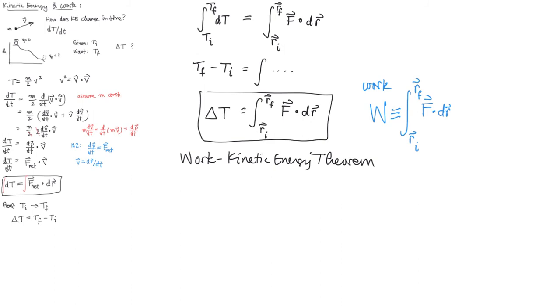So some caveats here is, so far we applied this to a single particle. And a single particle cannot deform. So when you have a system that can deform, like the shape of the object can change, then you can do work, but that doesn't necessarily change the kinetic energy of the system. So be very careful about systems that deform.